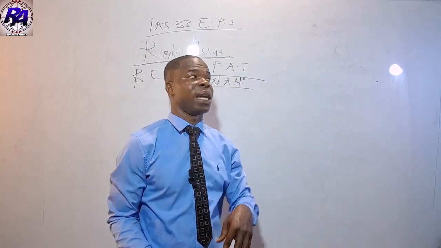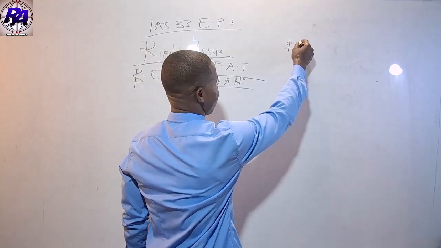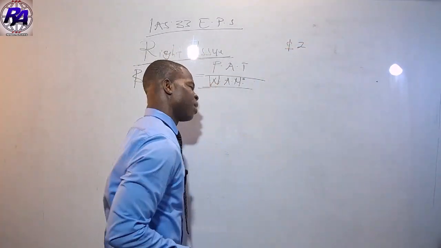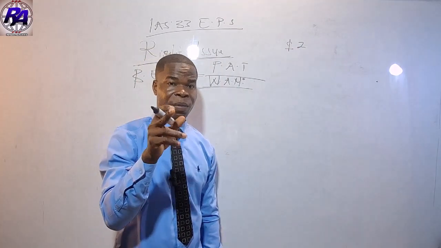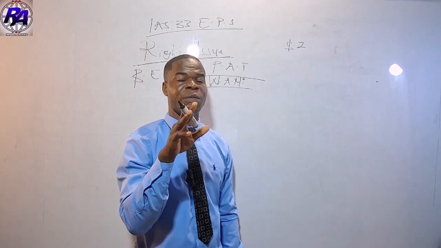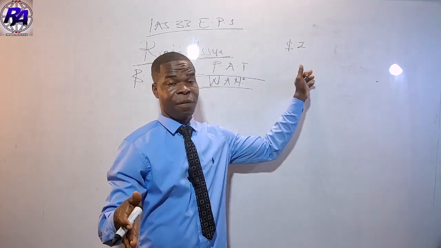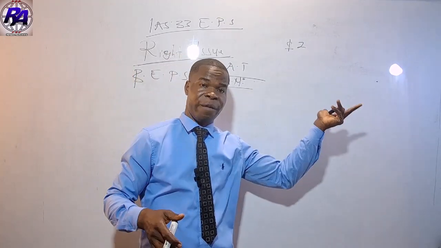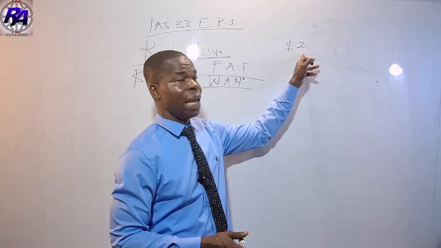What I mean to say is that assuming that we are already capitalized with shares having a fair value of $2. Please take note, we have nominal values and fair values. Here, always pay attention to the market values or the fair values, not the nominal value. So here I said at the market price of $2 per share.